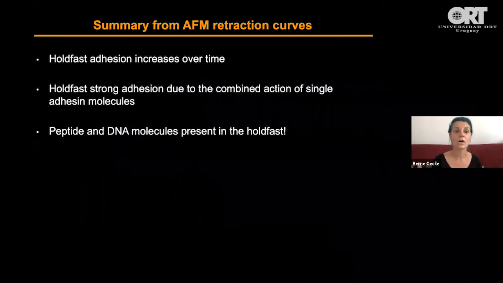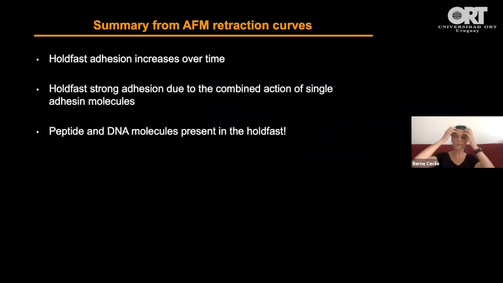So thanks to this first AFM study, we could show first that Holdfast adhesion increases over time, and it's due to the combined action of single adhesin molecules present in the Holdfast. Before we thought that Holdfast was a big homogeneous blob of something, but no, actually there is some organization inside the Holdfast based on those adhesins.